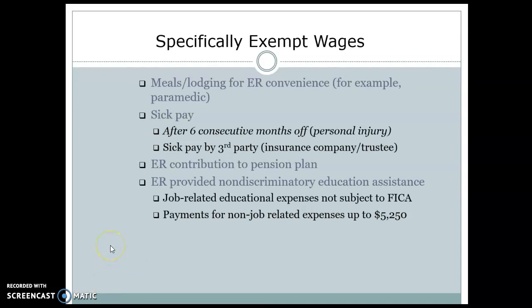Okay, here are some different kinds of things that you might receive that are specifically exempt from having Social Security and Medicare taken out of them. So if you receive meals and lodging for the employer's convenience, okay, so in other words, your employer wants you to do something and they end up paying for your meals so that you are capable of doing that thing.